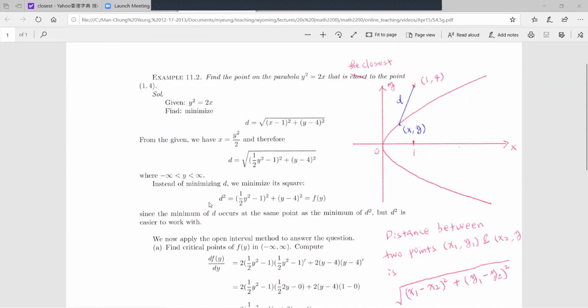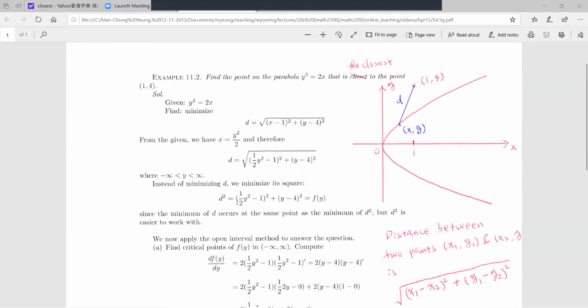Why can we do that? The rationale behind it is that d and d squared reach their minimum at the same y, at the same point y. So we can work on d squared and determine where d squared is the smallest.